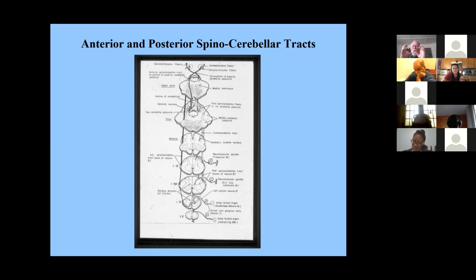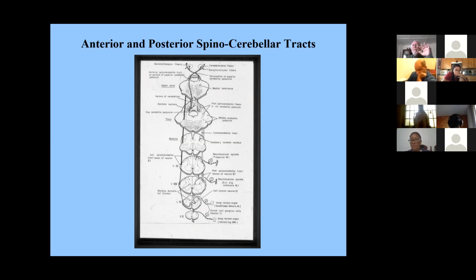And the second thing is that the nucleus of Clark is getting viscerosensory input. So again, you're getting not so much proprioceptive, but also interoceptive types of information.